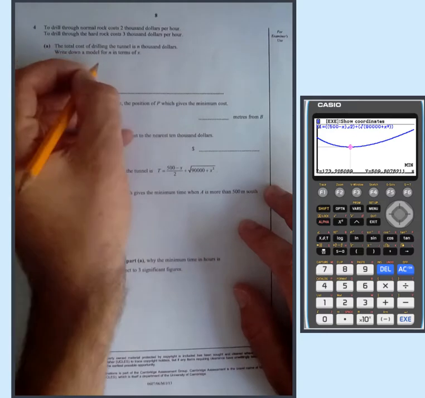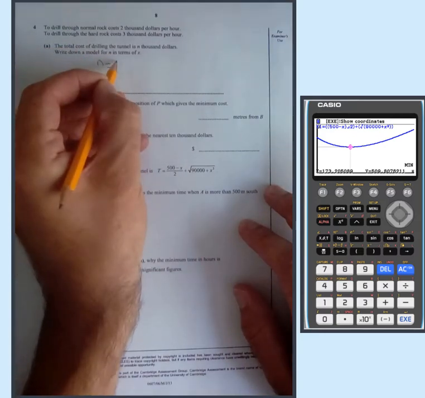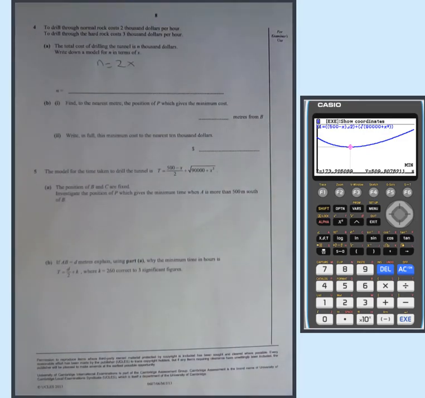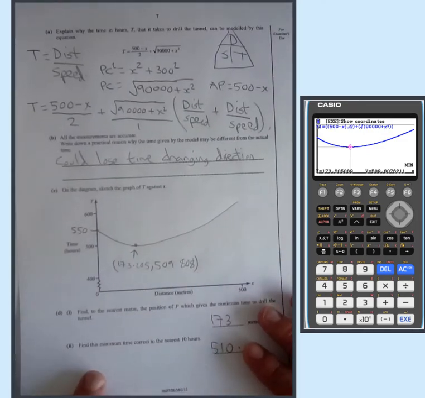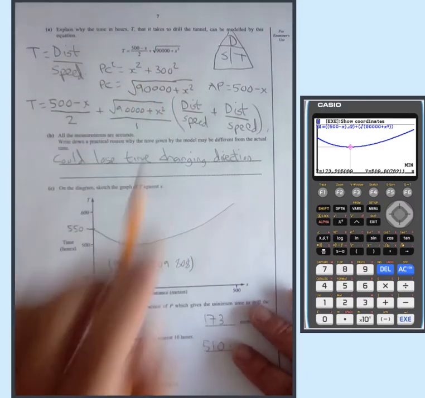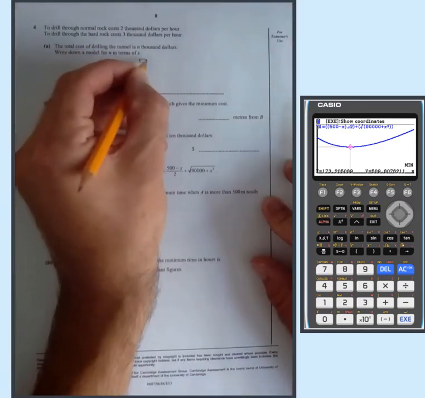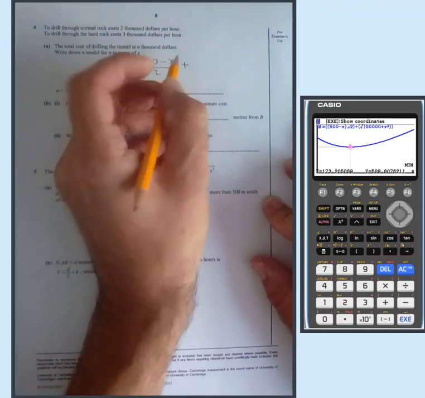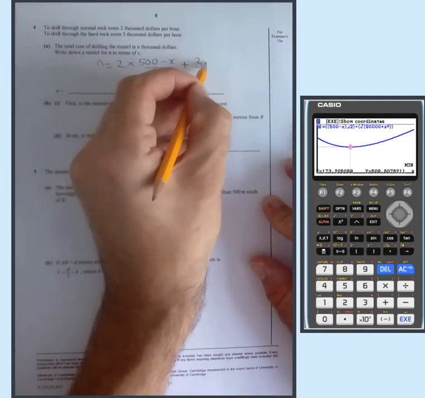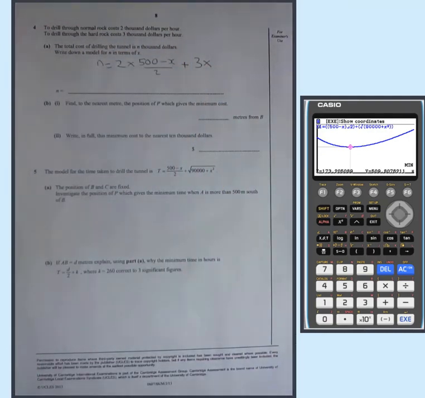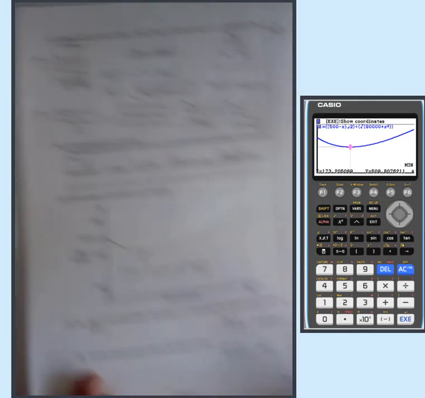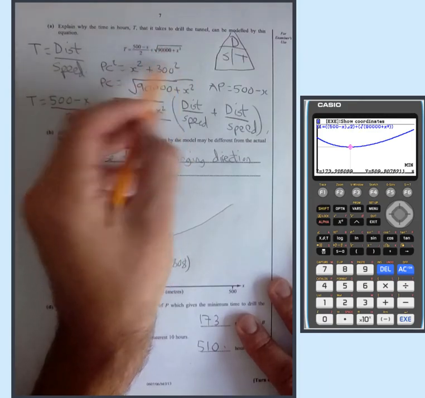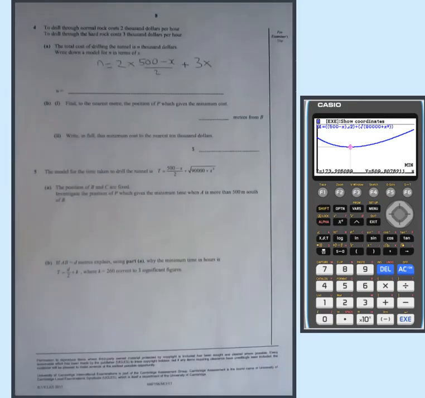So that means N is going to be, well, it's 2 times the time that we spend drilling through normal rock. So that is 500 minus x over 2, we'll tidy it up in a minute, plus 3, so $3,000 per hour, times the amount of time we spend drilling through hard rock, which is the square root of 90,000 plus x squared.